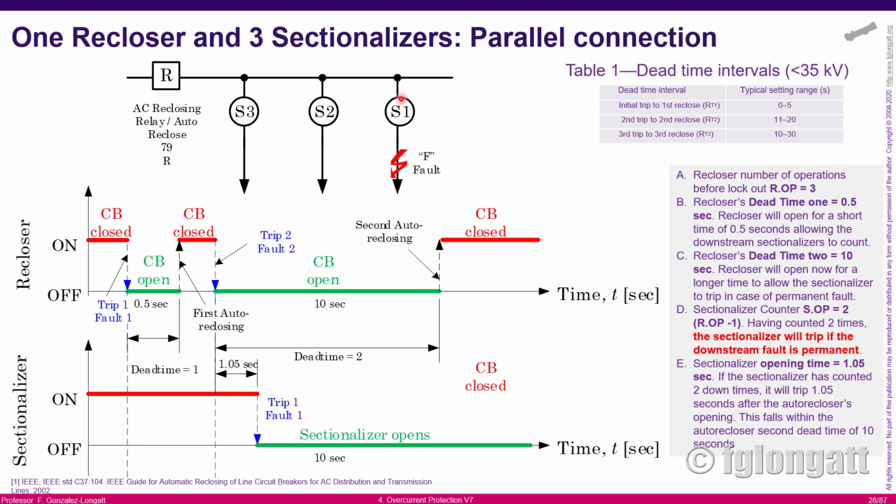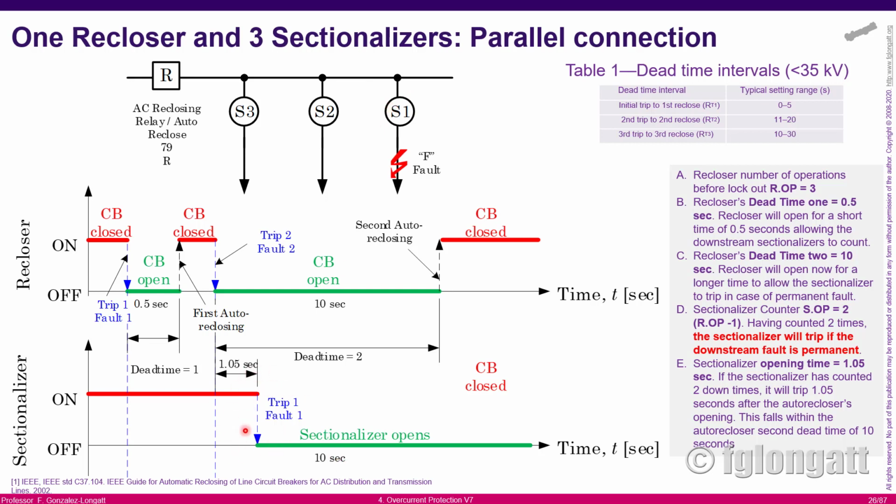Okay. However, you must notice something. In this area, in the deadline 2, you can see that the circuit breaker opened. As a consequence, there is no load current, there is no fault current, there is not any current moving inside this circuit. This sectionalizer can open because there is no current moving over there.